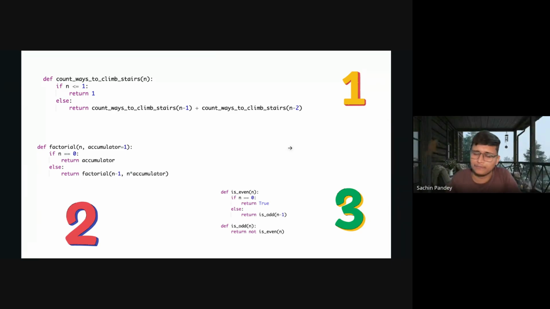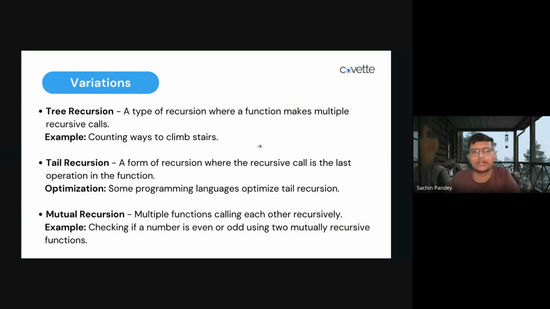Mutual recursion, one is calling another. Even is calling odd: hey, odd, you check this number. Then odd will say, hey, even, I have checked this number, you check whether it is even or not. So this will keep calling, and when the base case hits, it will give the answer. Okay, so that is a few variations of recursion.